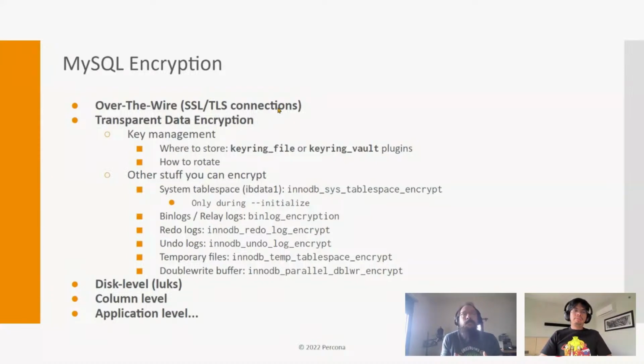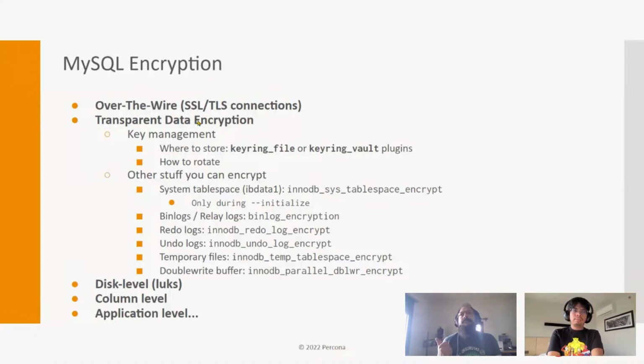So it avoids a man-in-the-middle attack or someone sniffing traffic. So over-the-wire encryption with TLS is to avoid traffic sniffers or man-in-the-middle attacks.